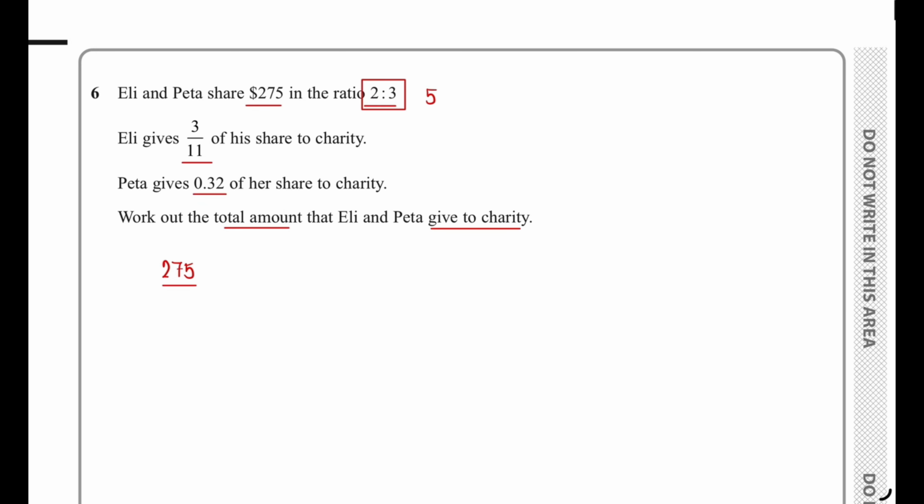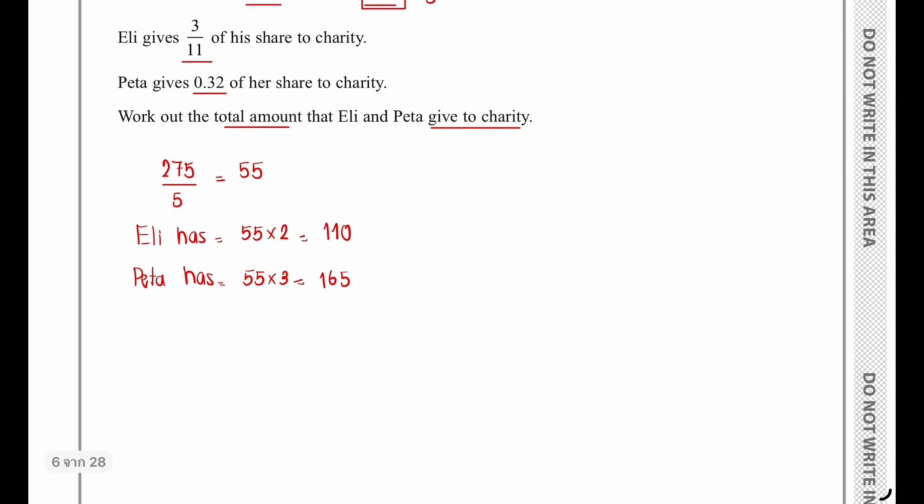Okay, so we have 275 divided by 5, which is equal to 55. So therefore, Ellie has 55 times 2, which is equal to 110. And Peter has 55 times 3, which is equal to $165.